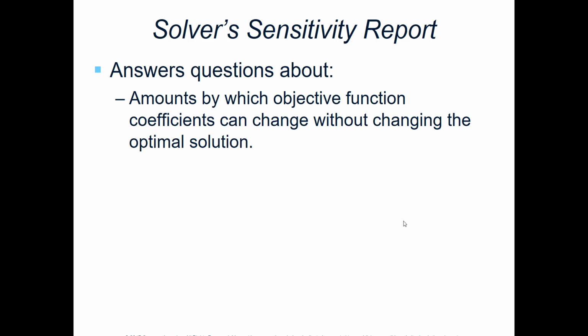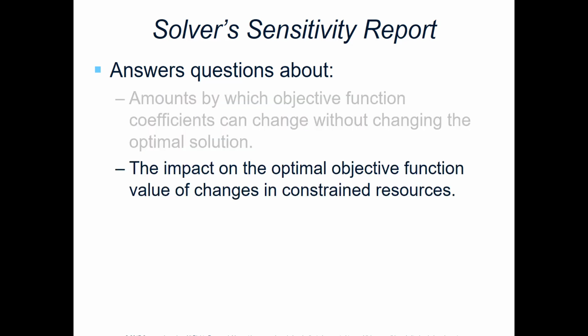The sensitivity analysis of the solver answers several questions, including what's the range of the objective function coefficients in which the optimal solution is not going to change. So if we change c1 through cn within that range, I'm still going to have the same optimal solution compared to the original problem.